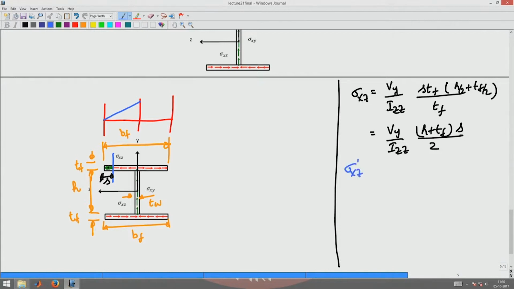Sigma xz max at S equal to Bf by 2 is tau 1, which is Vy by Izz into Bf into H plus Tf by 4.